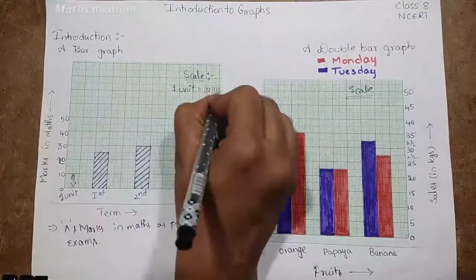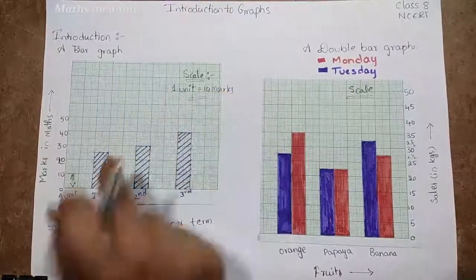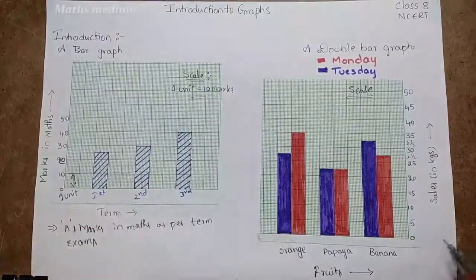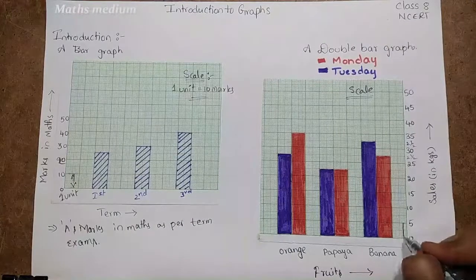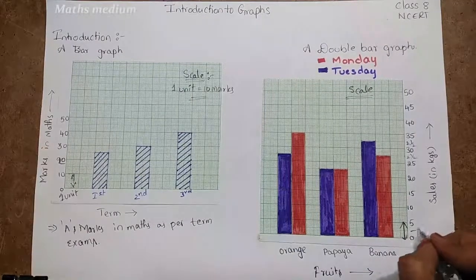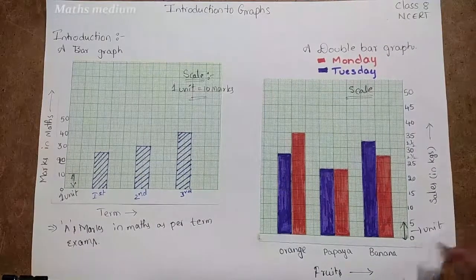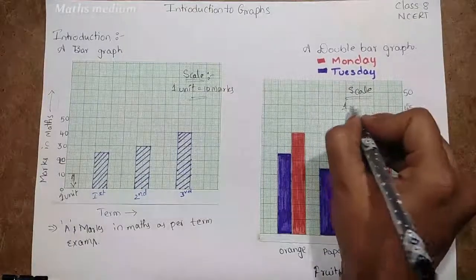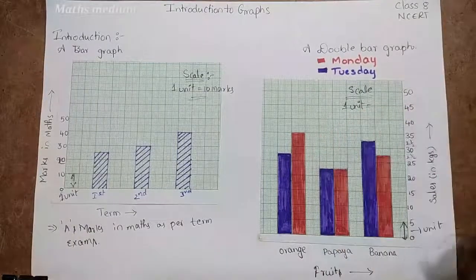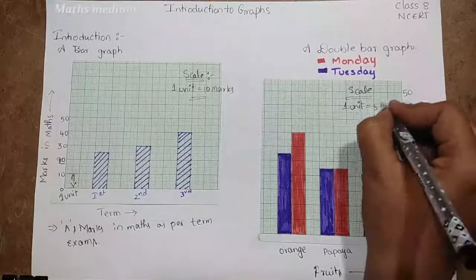So 10 marks is the scale of this bar graph. And similar here, 0 to 5 is called 1 unit, right? So this scale is 1 unit equal to 5 kgs.